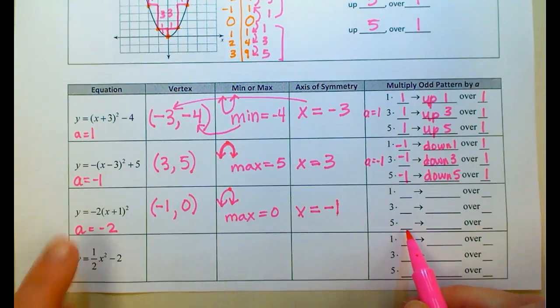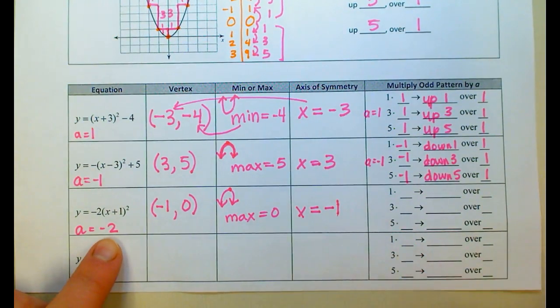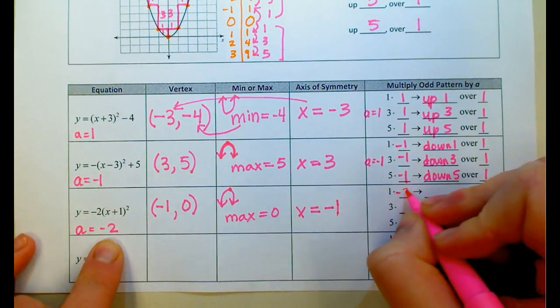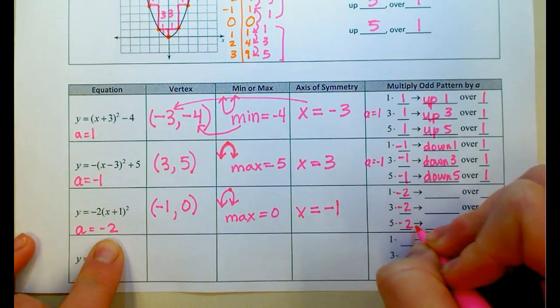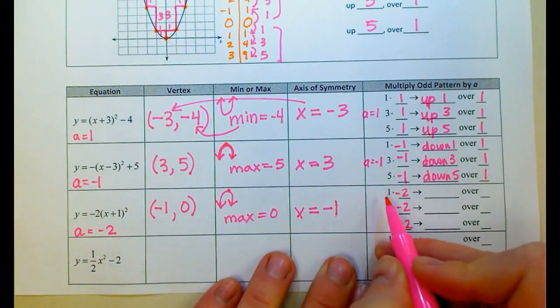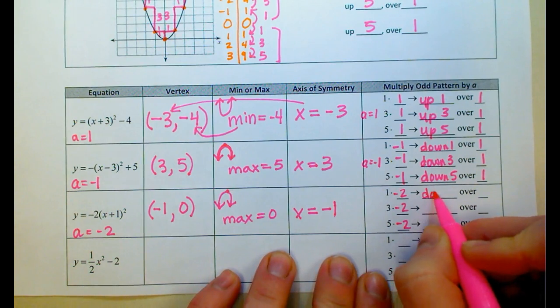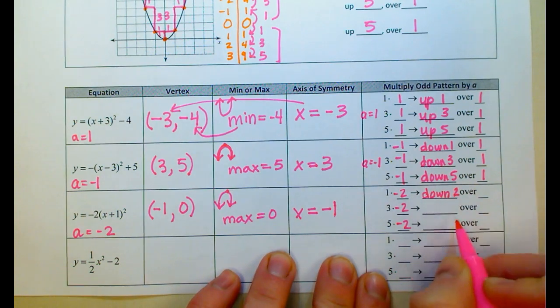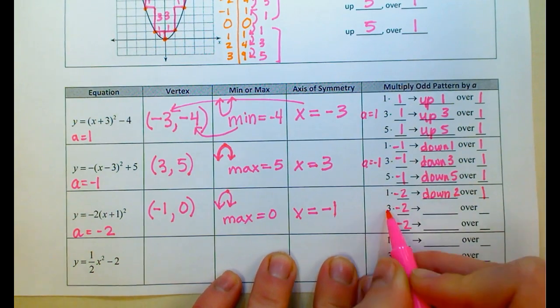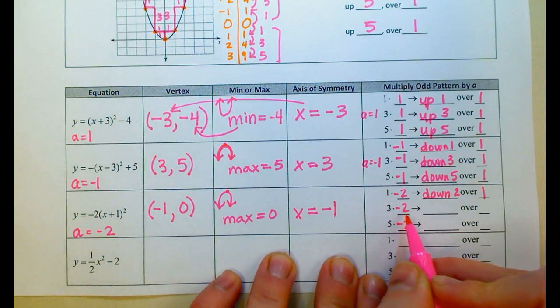My 1, 3, 5 pattern, since a is equal to -2 this time, I'm going to multiply by -2. So 1 times -2 gives me -2. So this time I'm going to go down 2 over 1. 3 times -2 is -6.